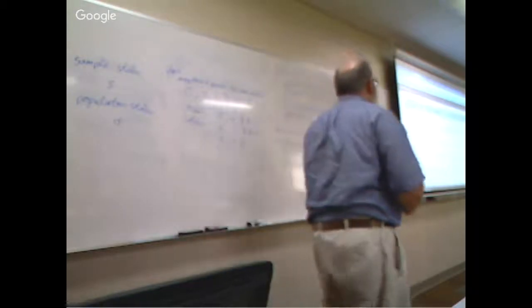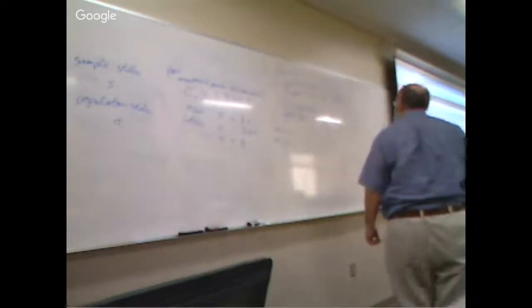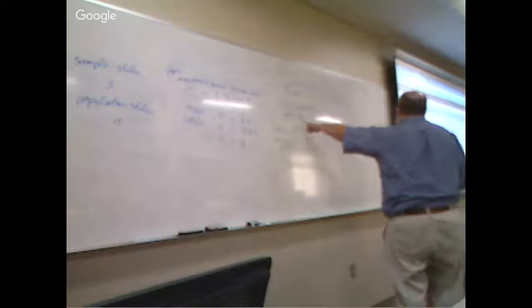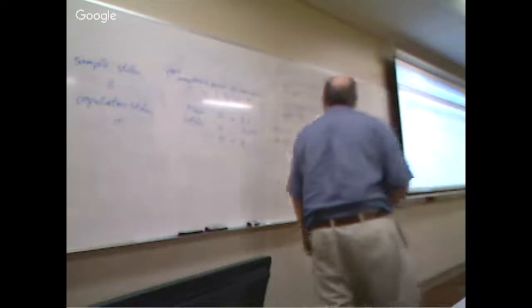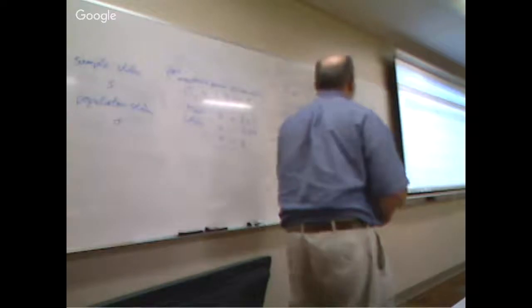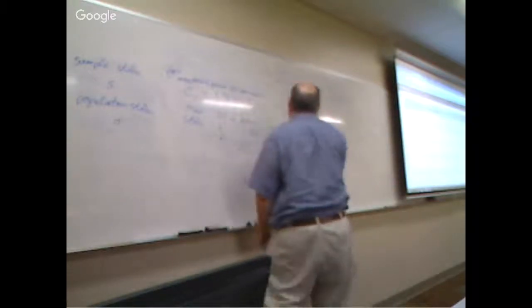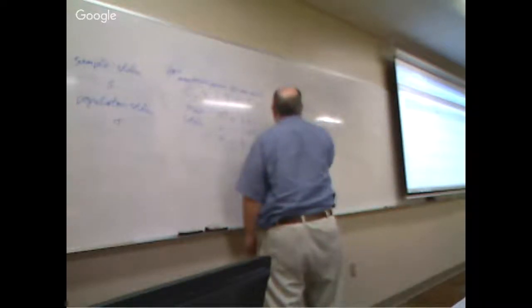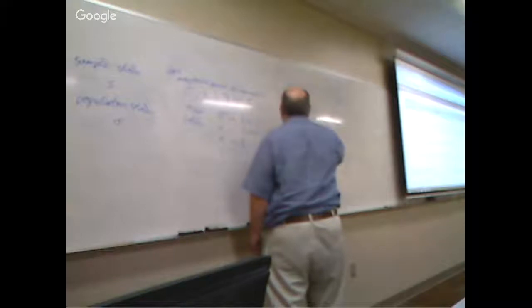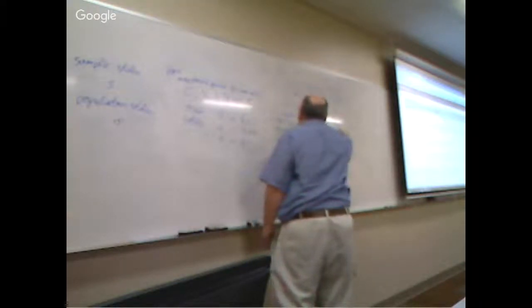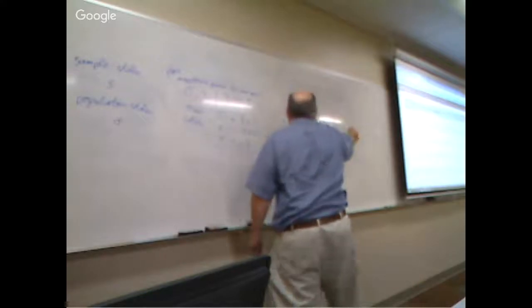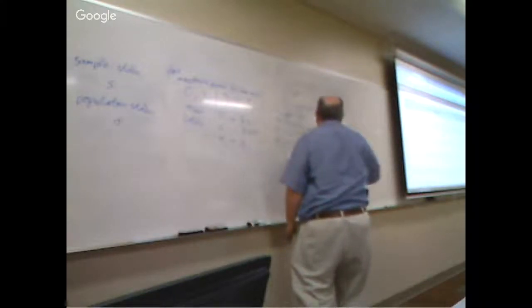So what number do I need? The first number I need is alpha over 2. What's alpha over 2? Well, if we have a 95% confidence interval, alpha is equal to 0.05. Alpha over 2 is 0.025. Hold on a second.